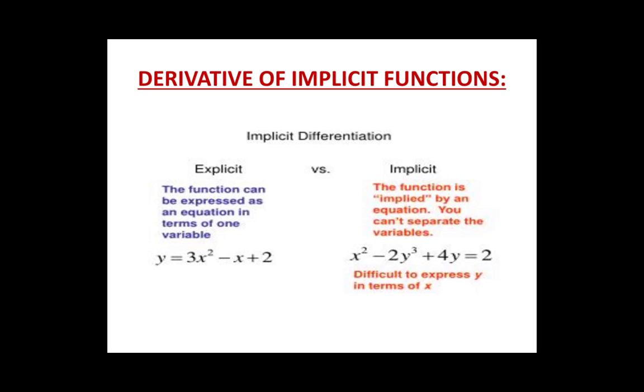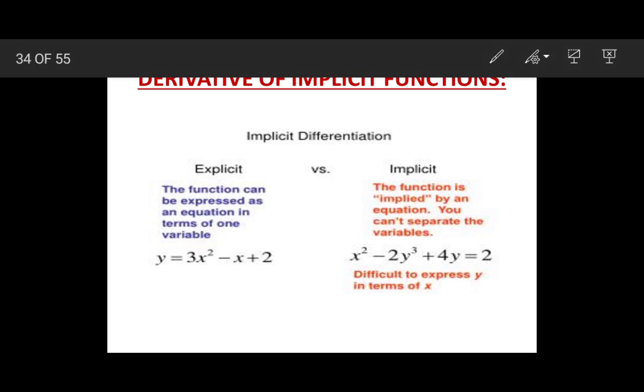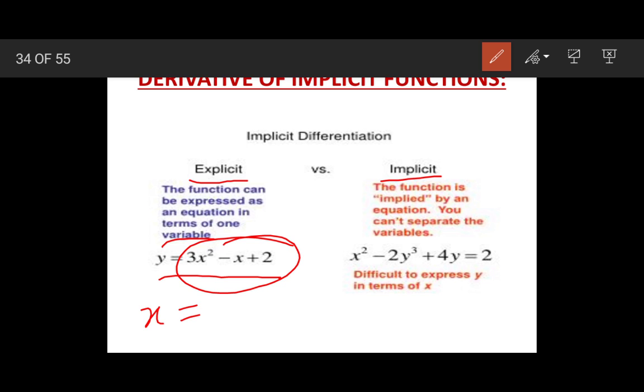So class, implicit versus explicit. There are two types of function. One is explicit and the other one is implicit. Explicit: the function can be expressed as an equation in terms of one variable. Y is expressed in terms of x, or x is expressed only in terms of y.